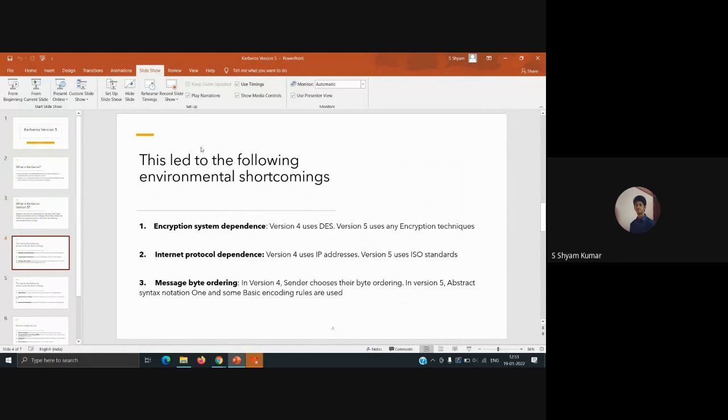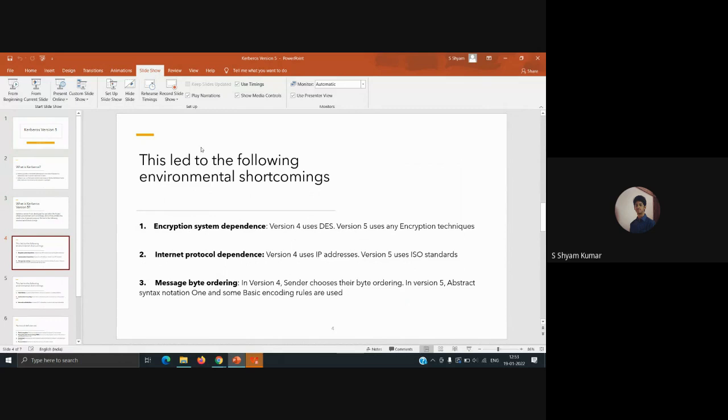Second one is internet protocol dependence. Version 4 uses IP addresses, and version 5 uses more complex standards known as ISO standards. Third one is message byte ordering. In version 4, the sender chooses their byte ordering, where you can order your message according to yourself, but that doesn't follow any standards.